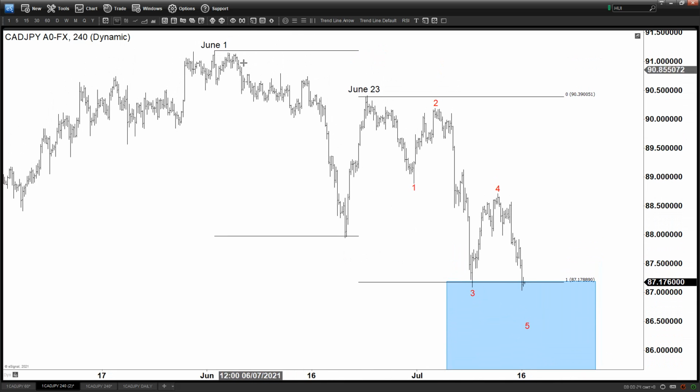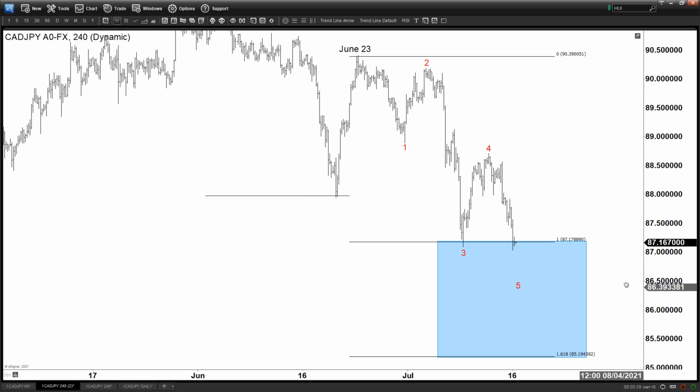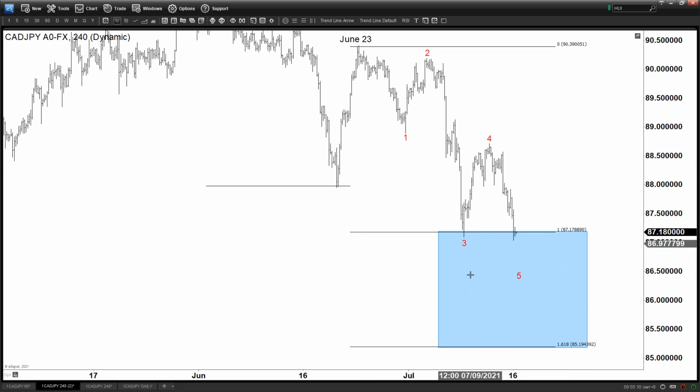If this is going to be a corrective structure, not an impulse, then in this area you should expect some sort of support coming in soon, and the pair should form at least an intermediate low, giving you at minimum a 3-wave rally from somewhere within this area here, 85.2, 87.2. So that's the range. Now, as you can see, the range is pretty big right now.